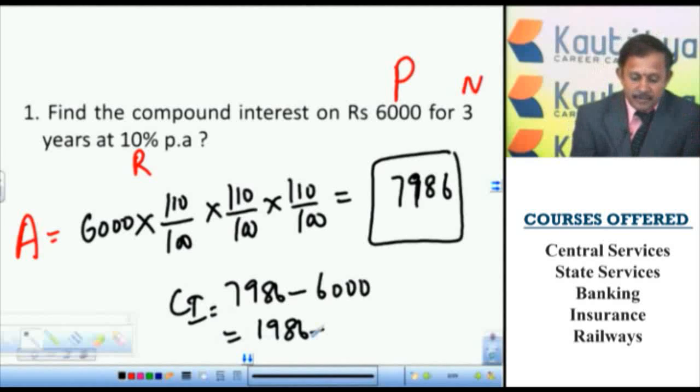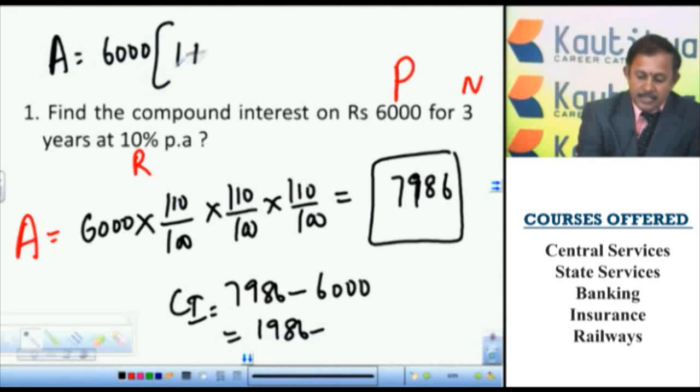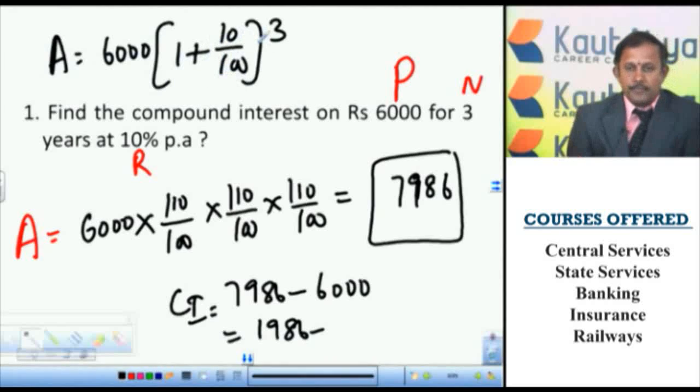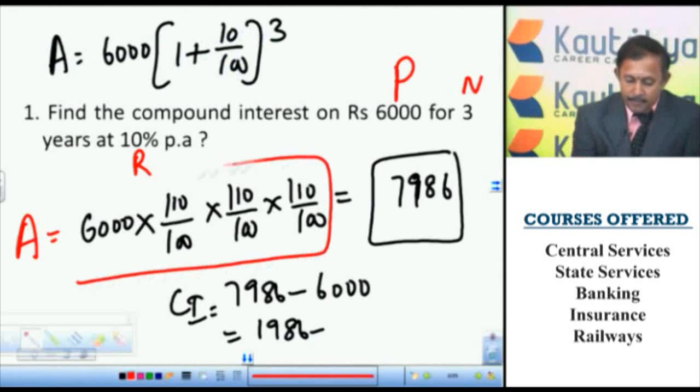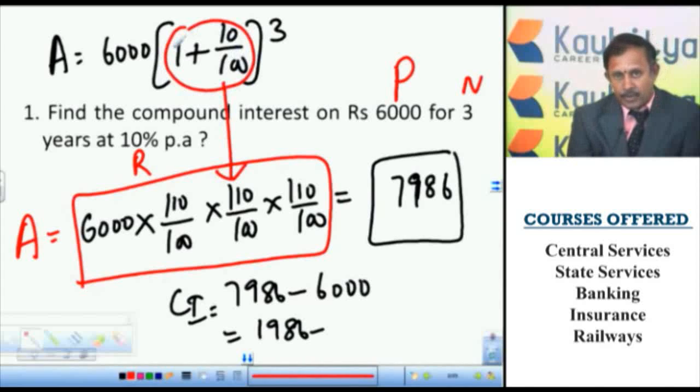Friends, what you have to observe is, if suppose we are interested in using the formula amount is equal to P into 1 plus R by 100 power n. This is nothing but the other form of this one, because 1 plus 10 by 100 is equal to 110 by 100 and 110 by 100 appears for 3 times.